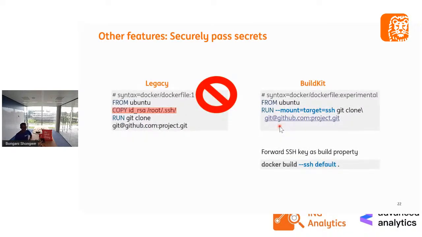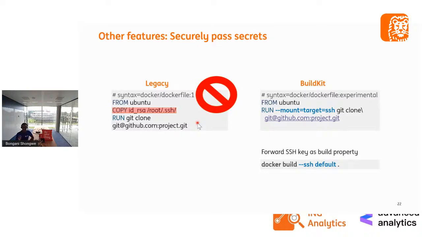Another thing here, with the syntax mounting, don't do what's on the left, especially if you work in a security environment, especially if you work in a bank. Do not copy over your SSH keys or secret keys. Please do not do this, because those will allow your keys to be available later on.